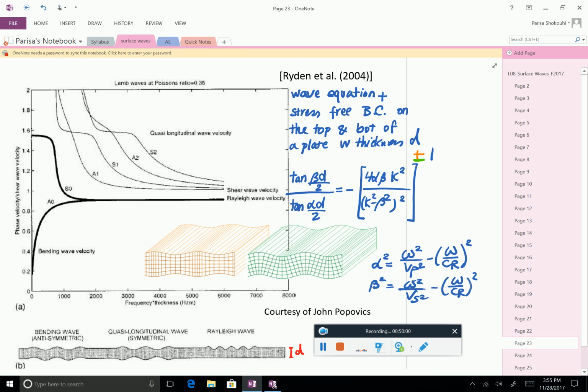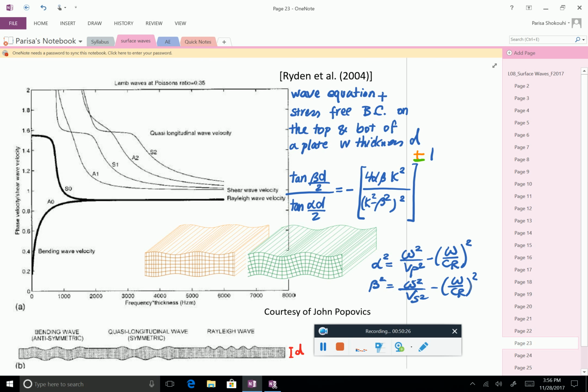At very high frequencies, you will have Rayleigh waves, because they don't even know that the other surface exists. That boundary condition doesn't come into play. But when you are in this range, what you have is a combination of different symmetric and antisymmetric modes.